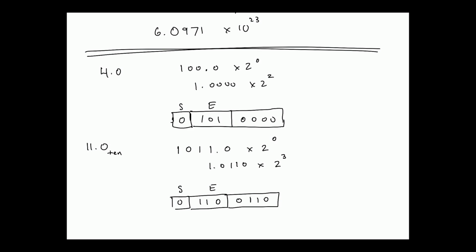Okay? So, what I'd like to do is add these together. Now, what do we expect that the answer should be? I would hope I get 15, yes? Because last time I checked, that's what 4 plus 11 is.